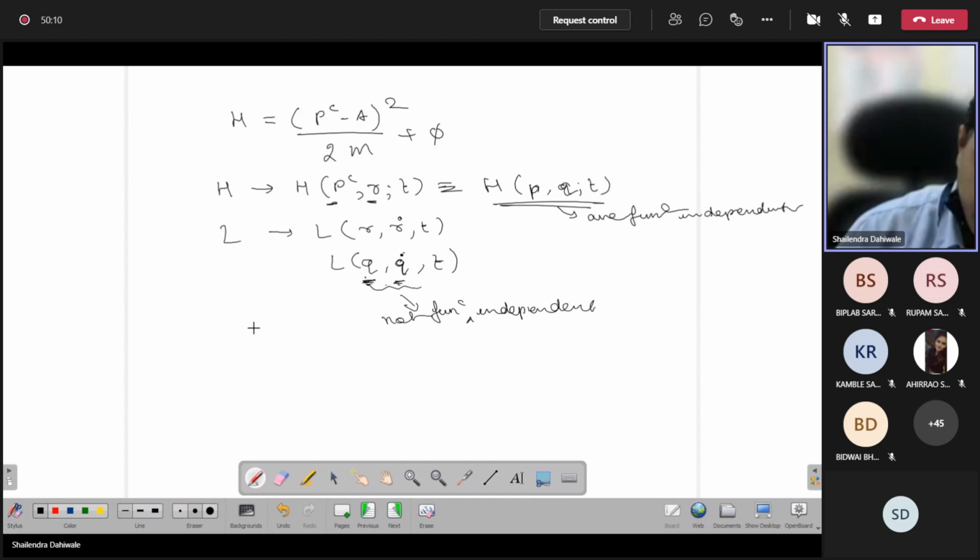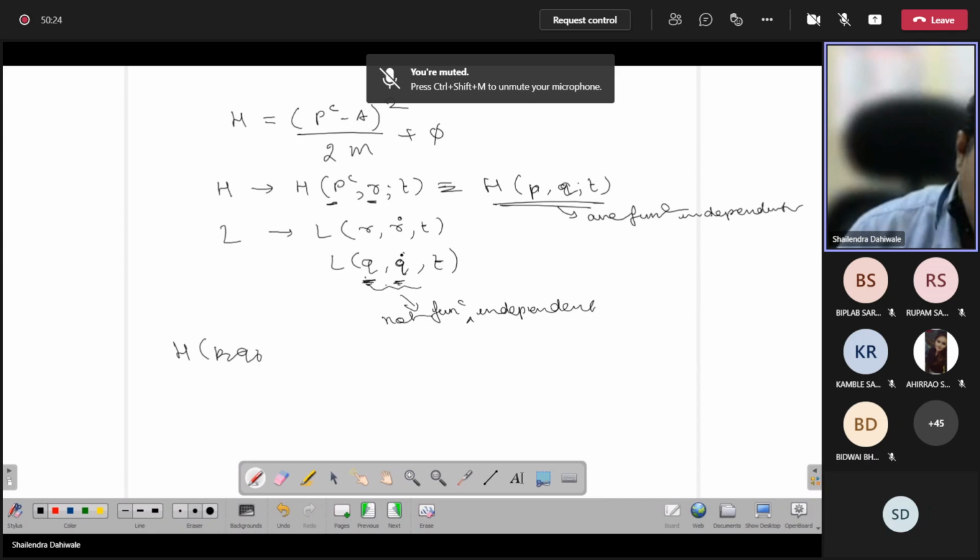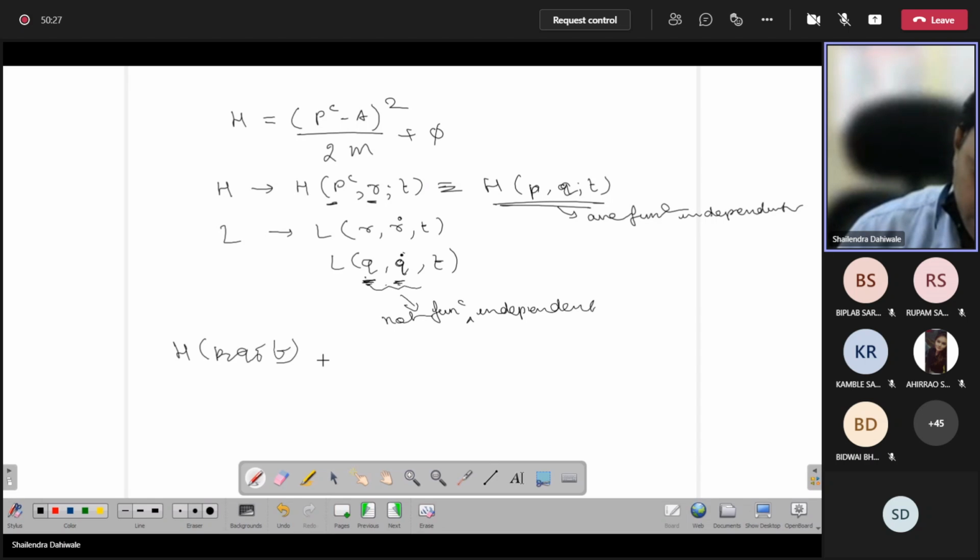With this we will try to get Hamilton's equation of motion. As you know, your H is a function of P, Q, and T. If I take the total derivative, dH is del H by del Qj dQj plus del H by del Pj dPj plus del H by del T dt.